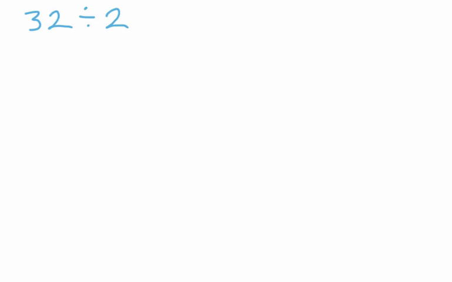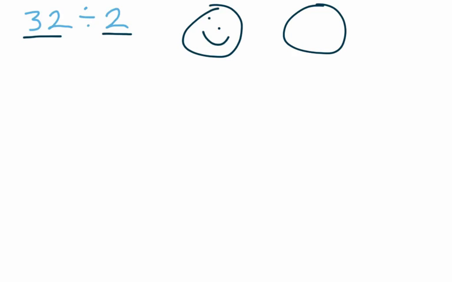So anyway, we've got 32 here, and we want to divide it by 2, which means that you're splitting 32 into two sort of piles, or maybe consider it like £32 and you're sharing it between two people. So that 30 we could represent as 3 tens.